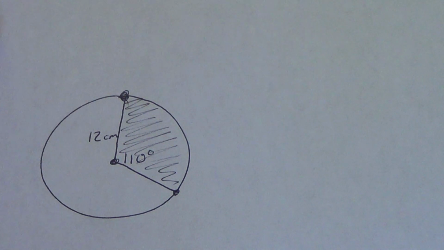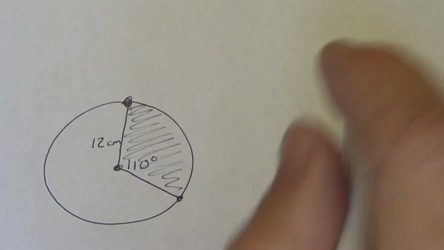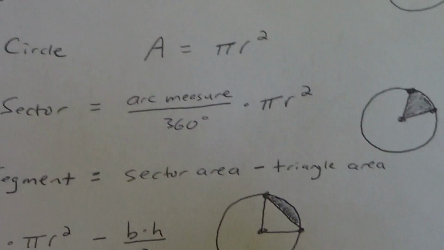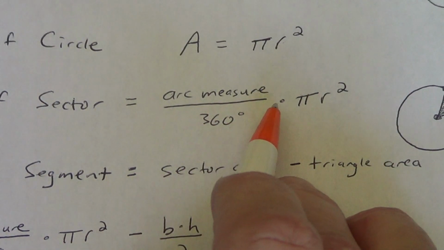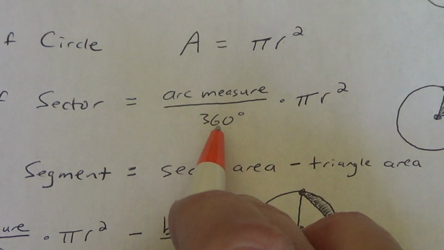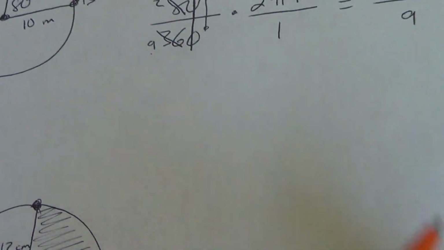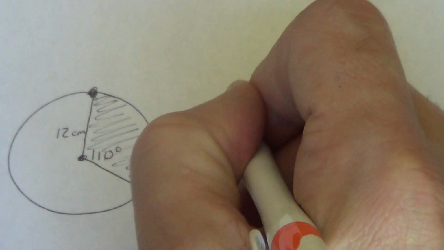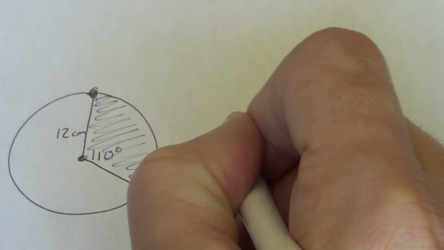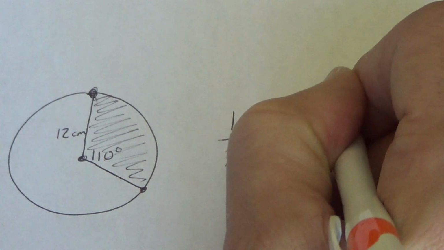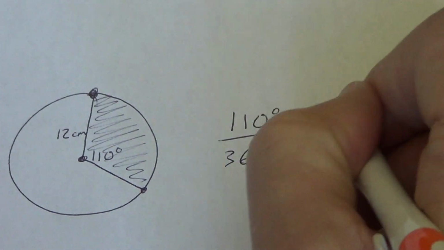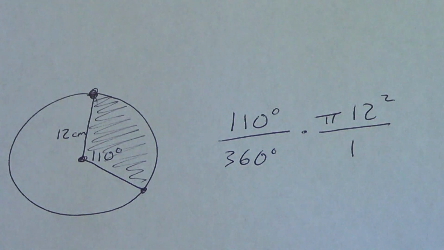So look at our formula one more time real quick. Arc measure over 360 times pi r squared. All right, so here we go. Arc measure, 110 degrees over 360 degrees times pi 12 squared, which I'm going to put over 1.